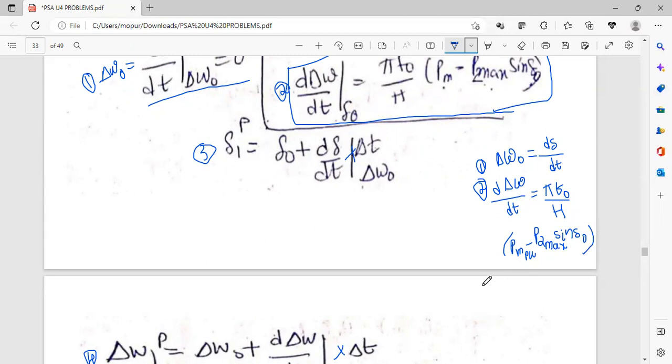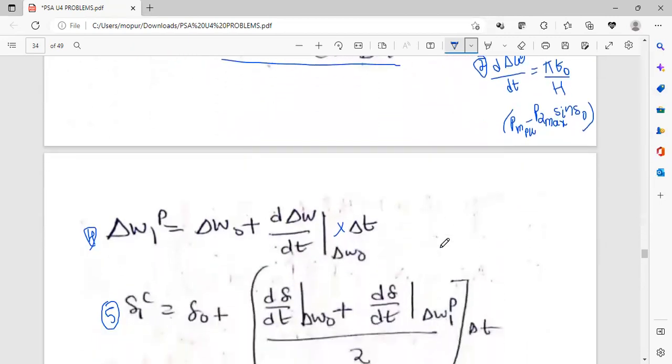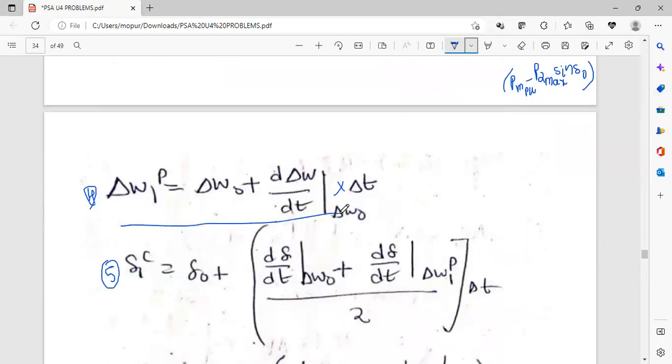Then the third formula is, this is the third formula. And then this is the fourth formula. Fifth formula is 1 plus 3 by 2 into del naught plus 1, del naught plus 1 plus 3 by 2 into del t.